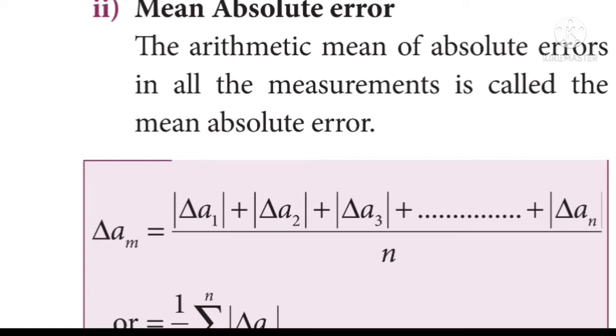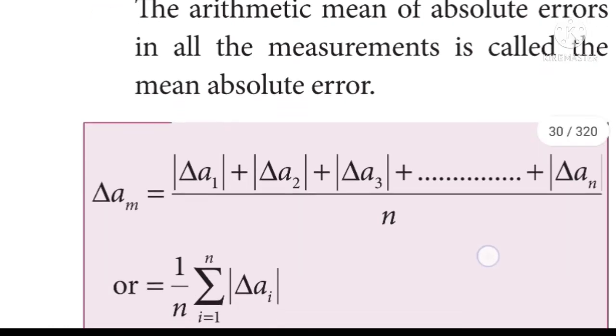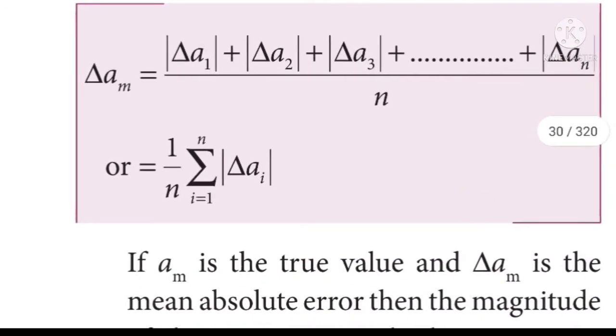Del Am is equal to (mod del A1 plus mod del A2 plus mod del A3 and so on up to plus mod del An) divided by n, which also can be written as del Am is equal to 1 by n sigma i is equal to 1 to n mod del Ai.